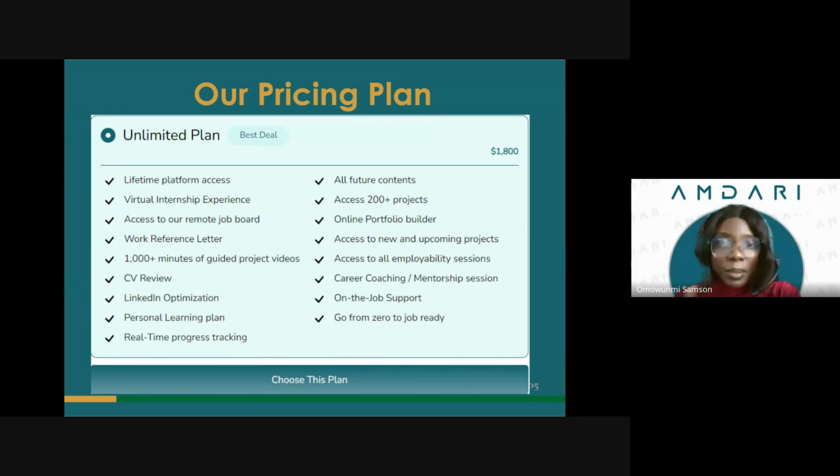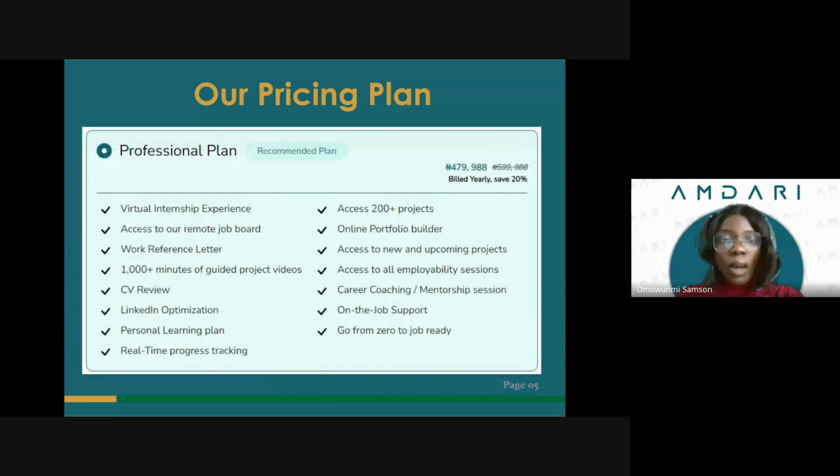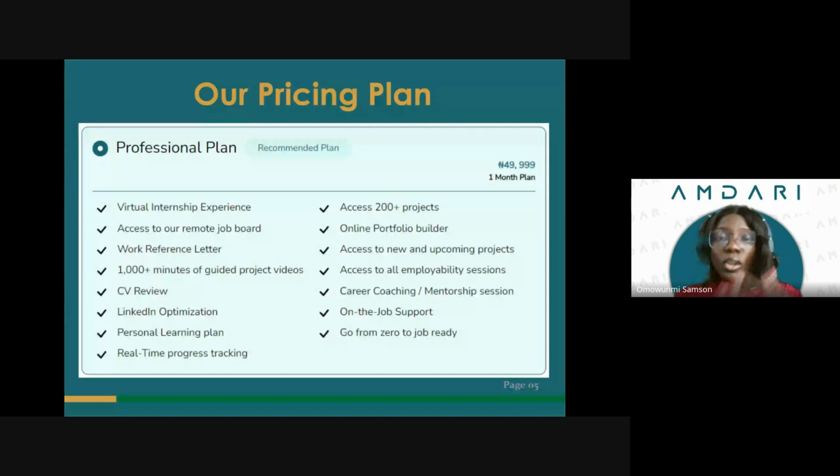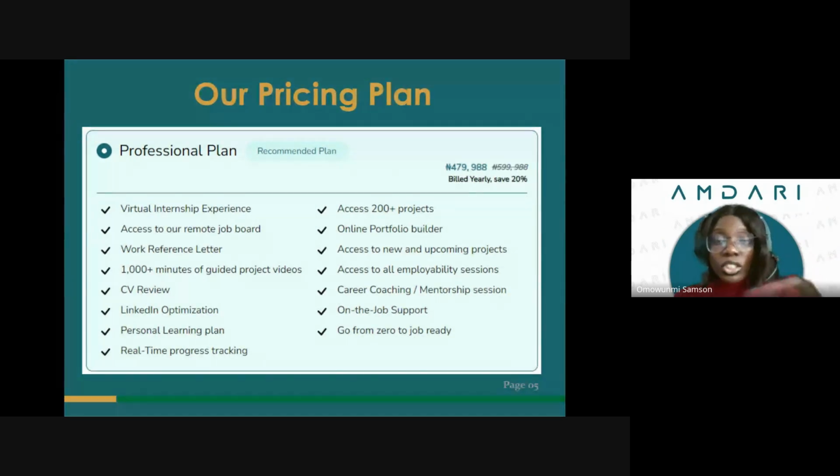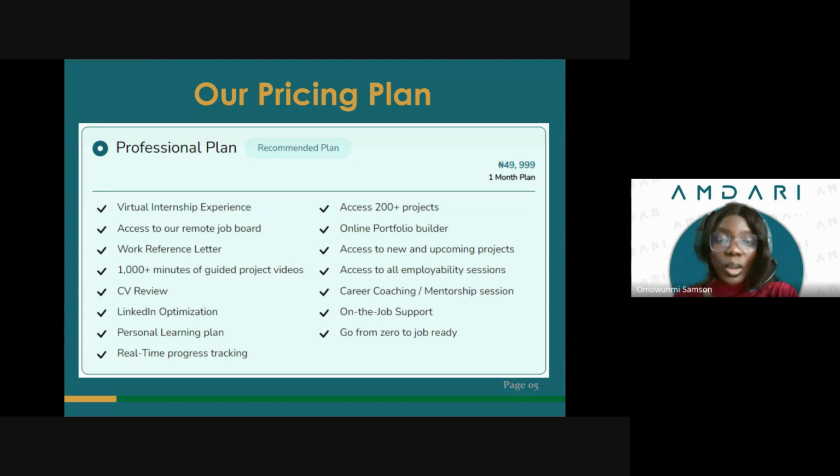It's a one-time payment and it's what we call the best deal, because you don't have to pay for a subscription at any point again. So it's very advisable. But like I said, if you want to upgrade to professional, that's the yearly plan, which is billed once a year, you can also do that. You save 20% when you do that.